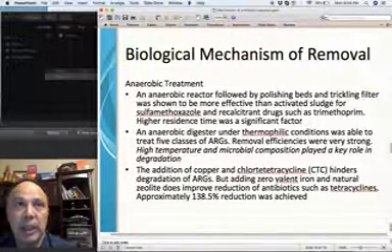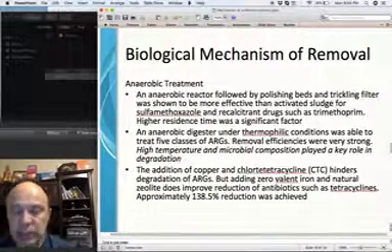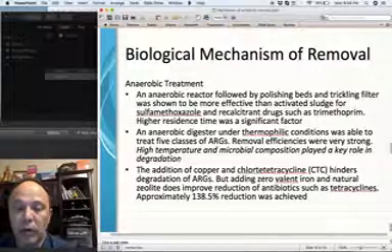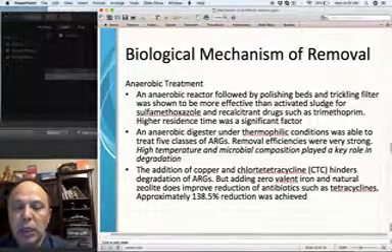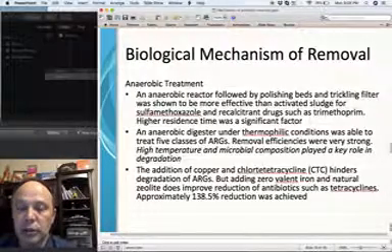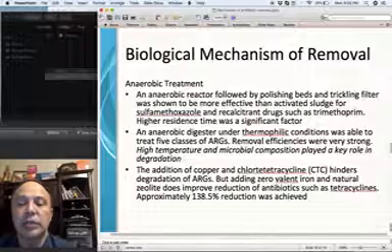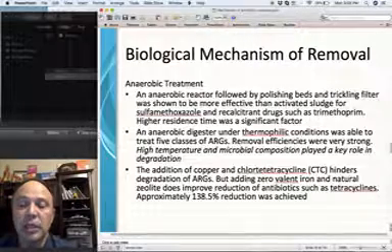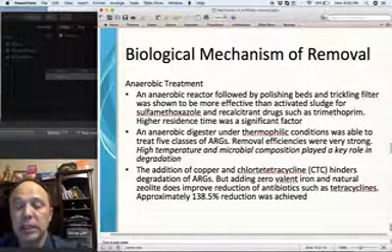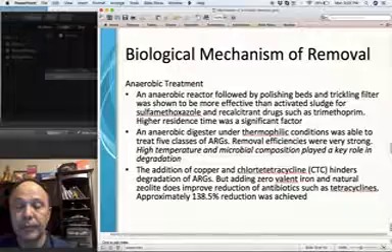So if you can understand your community of microorganisms, this is important for treatment. So you can add things to enhance the digester's removal efficiency, such as zero valent irons and natural zeolite. Up to 140% reduction was achieved for tetracyclines, but this doesn't work for other compounds such as copper and CTC.